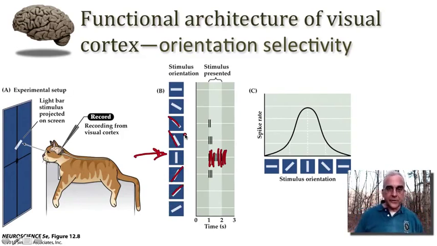After a series of such stimuli that are presented around the full cycle of possible orientations, it's possible to define a tuning function that plots the response of the neuron across a range of stimulus presentations. And for this neuron, what we find is that there is sharp tuning for angles near vertical. Now, there's not absolute tuning. There is some response off vertical, but by far the best response is within about 15 or so degrees of the preferred orientation, vertical in this case.